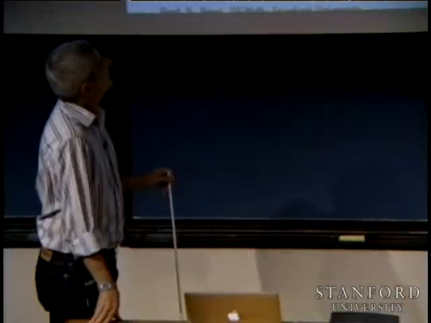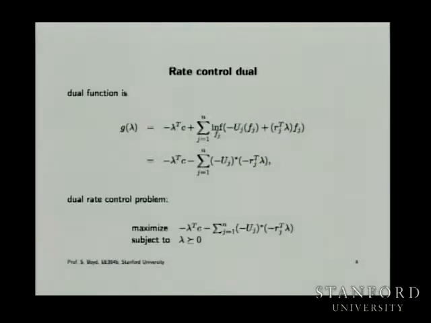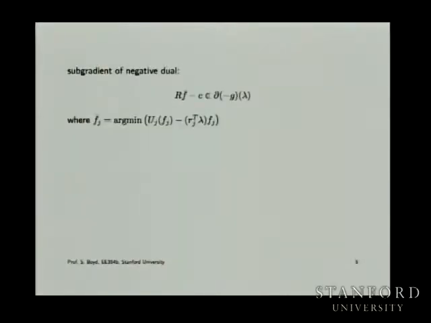How do you get a subgradient of the negative of this, which is, I guess, lambda transpose C plus that? It's very simple. It's stuff we've looked at now several times. If you have some lambdas, you evaluate the optimal flow under this pricing. Optimal means that flow optimizes its net utility.